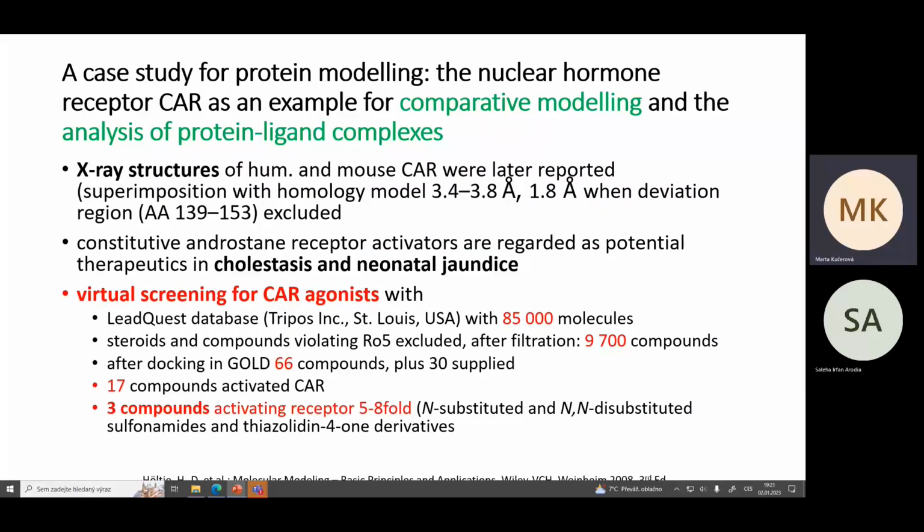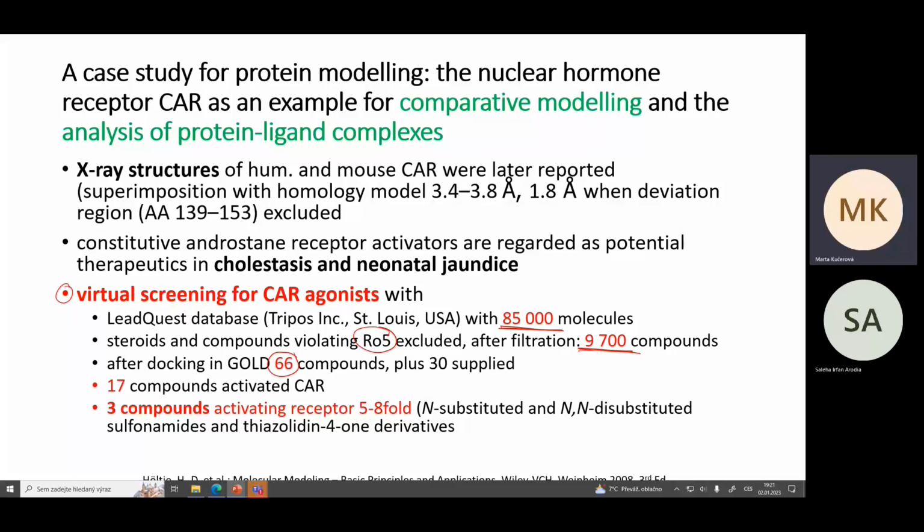And in the last step, they ran a virtual screening with the homology model, started with 85,000 molecules that were filtered with the rule of five violation to 9,700 compounds.